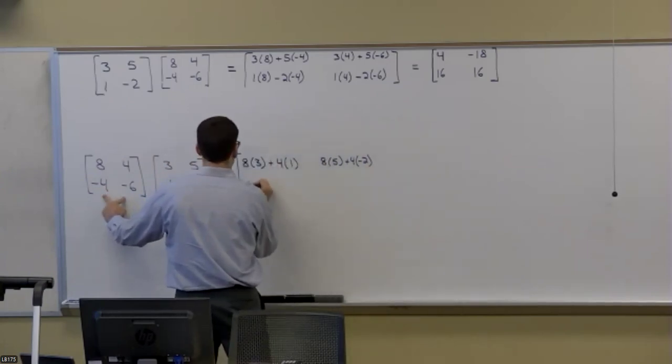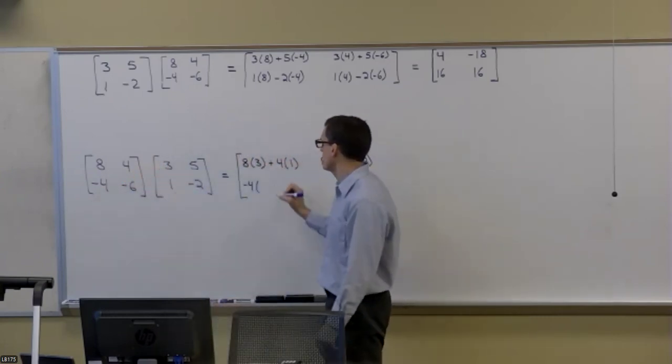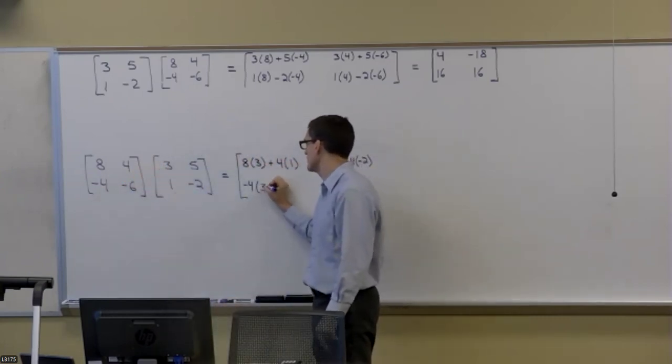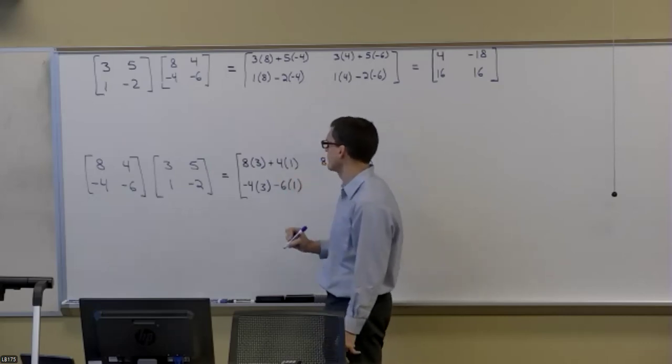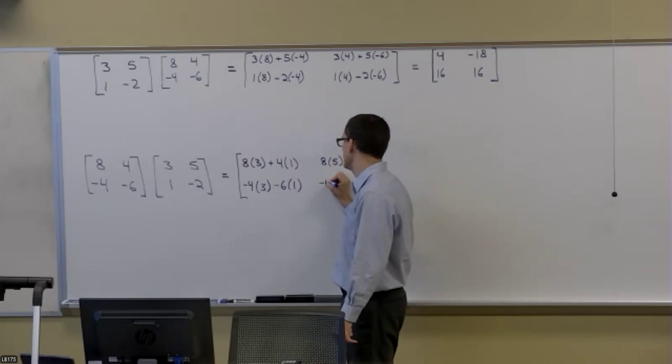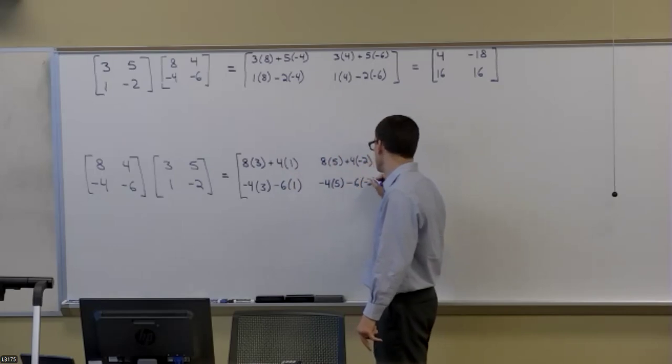Negative 4, negative 6 times 3, 1. Negative 4 is going to be multiplied times 3 minus 6 times 1. Then negative 4 times 5 minus 6 times negative 2.